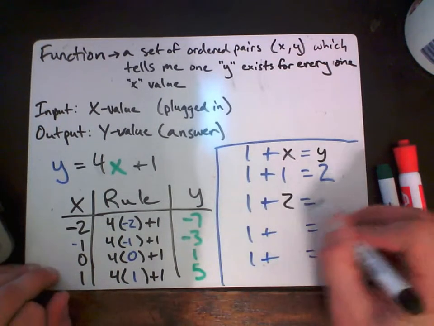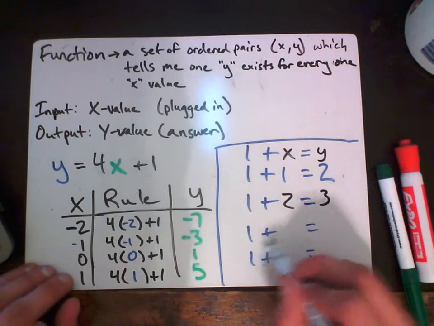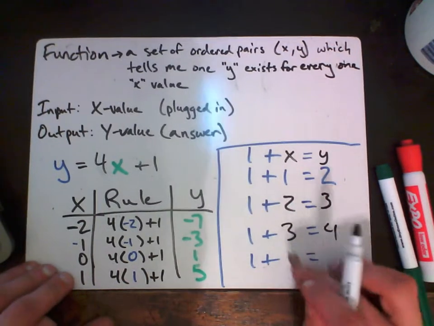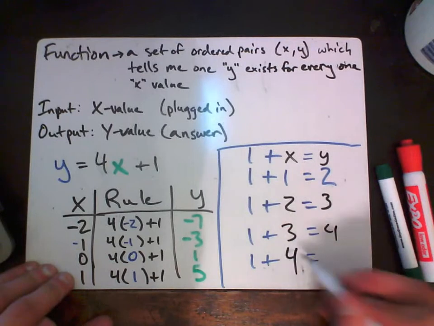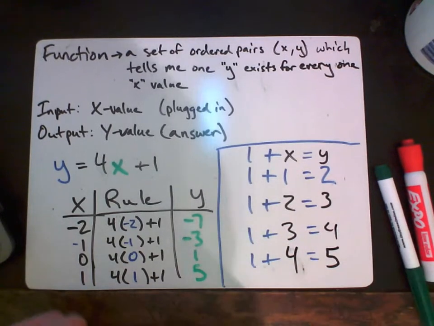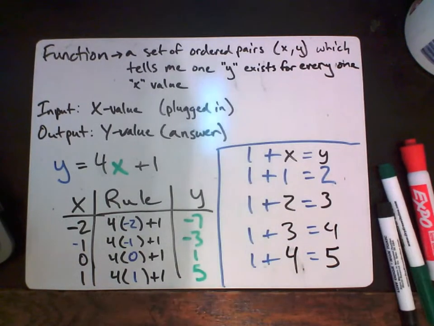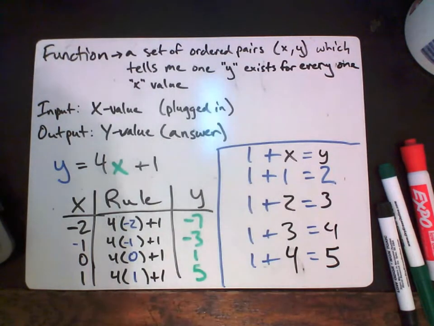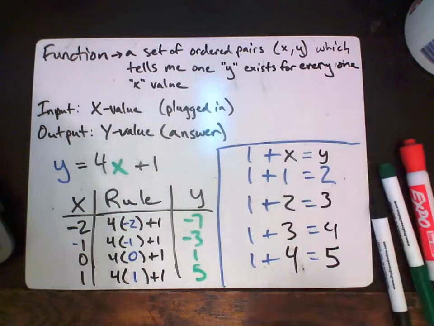One plus 2 is equal to 3. 1 plus 3 is equal to 4. 1 plus 4 is equal to 5. The beauty in these linear graphs is the constant patterns that you'll see.